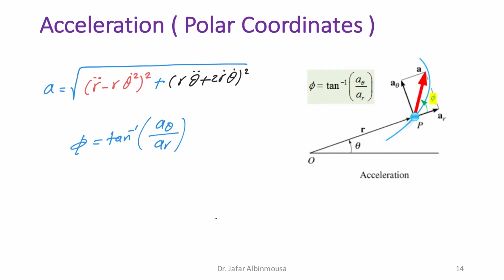But if we want to find the direction of the acceleration, it is theta plus phi. So this is measured from the x-axis, which is this angle plus this one. Here we reach the end of part 1 of section 12.8.